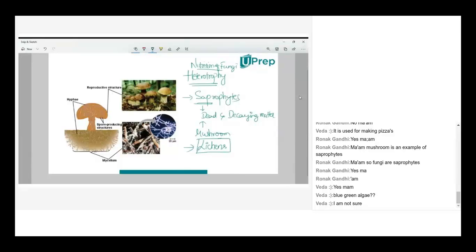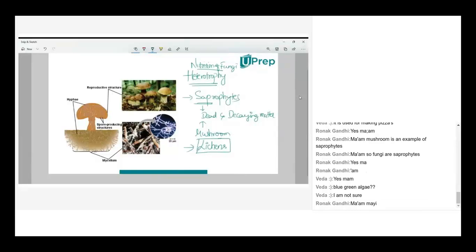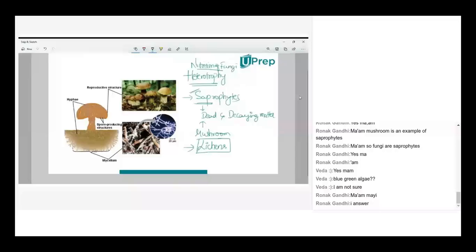Nutrition of fungi: they may be heterotrophs, and under heterotrophs, saprophytes are the fungi which live on dead and decaying matter. Example, mushroom. Other than mushroom, some of the fungi may be in association. What kind of association are we calling? It's a mutual association.